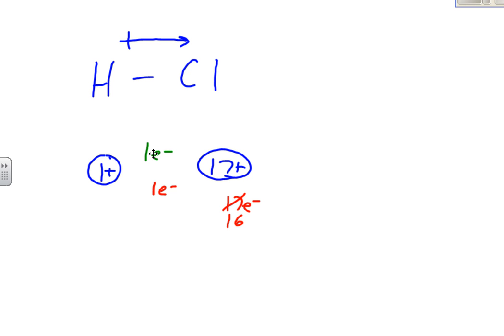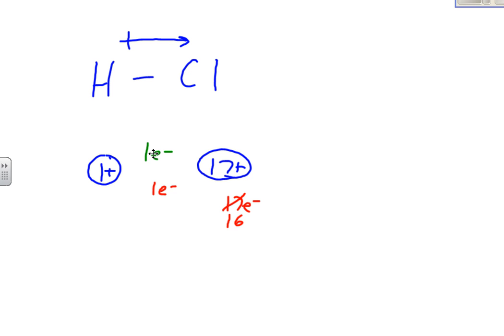Right? Now, if those two electrons are shared equally, then we still have a pretty balanced charge, right? Because the electron density here will cancel out this plus, and then it'll add to the 16 electrons over here, and we'll end up with an overall balance there.